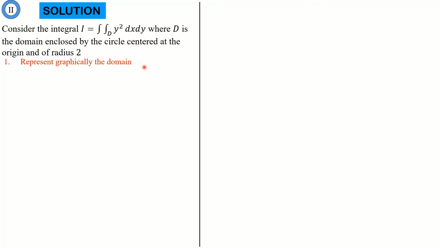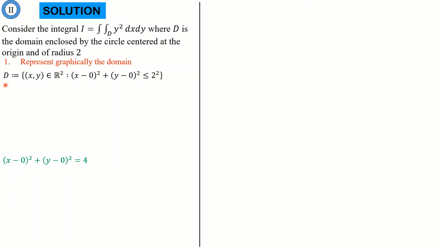They can also fall on the circle actually, and the circle is centered at the origin, and the radius of the circle is 2. So let's first of all try to plot the circle itself, because this now represents the analytical expression of my domain D, a set of points, that is couples x and y in R squared, such that x minus 0 all squared plus y minus 0 all squared is less than or equal to 2 squared.